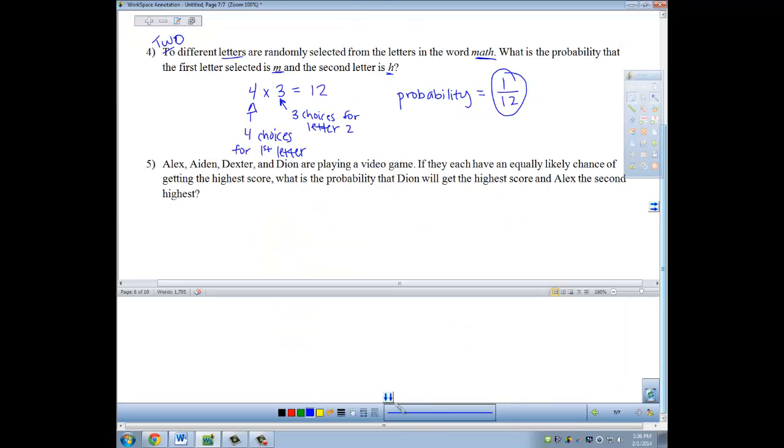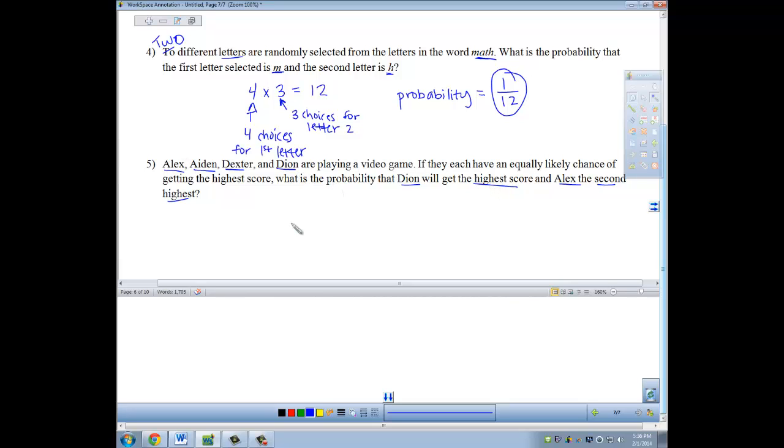Number 5 is going to be very similar. Alex, Aiden, Dexter, and Dion, so we have 4 kids, are playing a video game. If they each have an equally likely chance of getting the highest score, what is the probability that Dion will get the highest score and Alex would get the second highest? So again, we're only caring about 2 people, really, Dion and Alex. We want Dion to get highest, Alex to get the second highest.